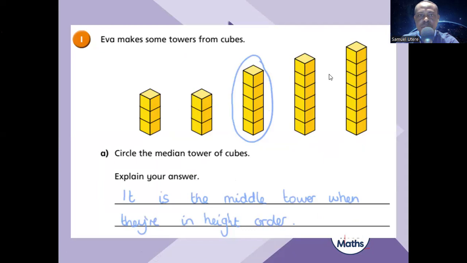So we are simply going to spot the middle number of blocks. And here, the middle is this one. So it is the middle tower, or stack of blocks, when they are in height order.